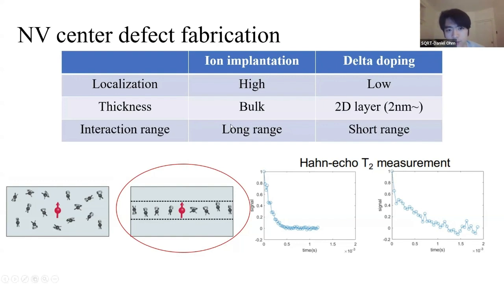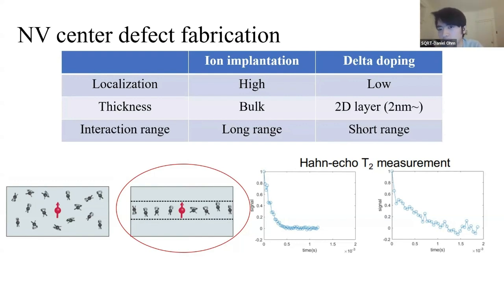And the interaction range between ion implantation and delta doping is quite different between the spins, which makes it interesting to study. So for ion implantation, you can have very long range interactions because basically what you have is a 3D bulk layer of NV centers. So you have lots of different directions in which the NV centers can interact with each other. But for delta doping, what is really interesting is that the NV centers are only on a single layer.